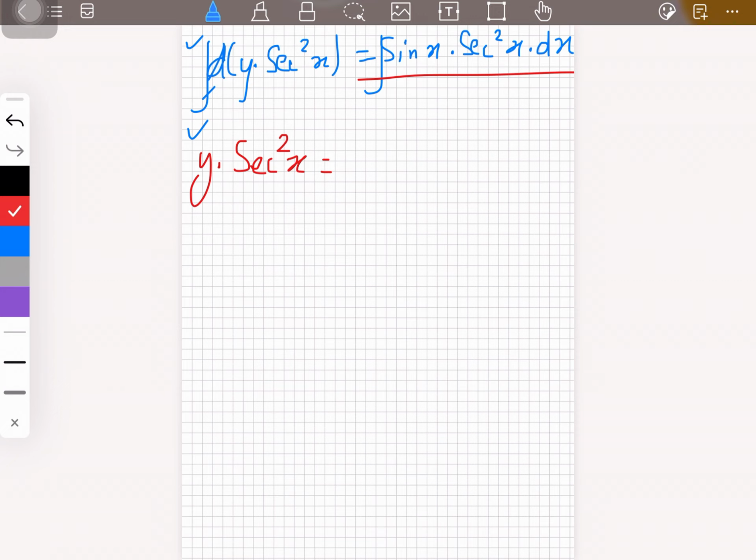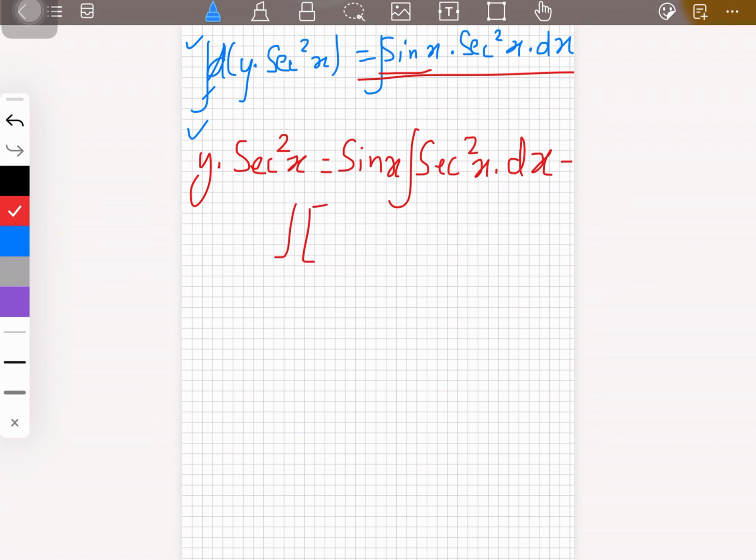Now let's use the product rule for this one. We could use the ILATE rule, but since both of them are trigonometric functions, what we can do is find the derivative of sine x. It's very simple, that is cos x, and we know the integration of sec square x as well, but you can just do the opposite as well, it does not really matter. So what you will do is sine x times the integration of sec square x, minus the integral of the derivative of sine x times the integral of sec square x, dx. We are just using the formula that I very frequently use while solving other questions as well.